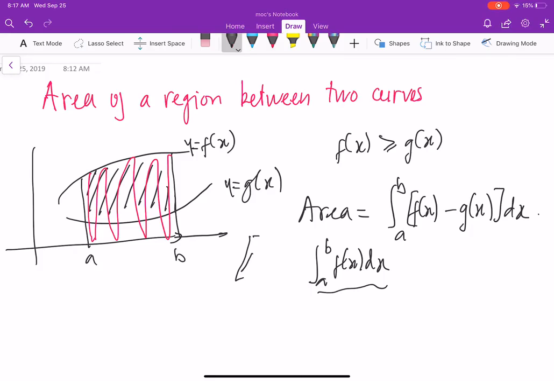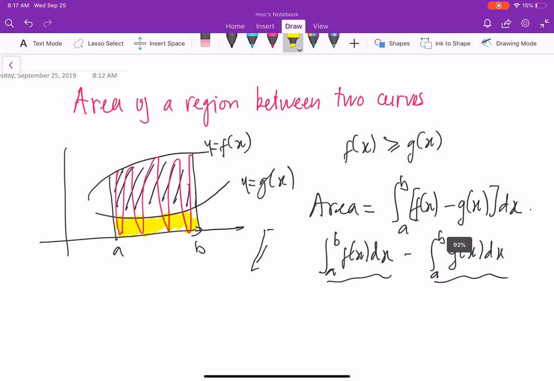And if you write minus the integral from a to b of g of x dx, what is the second integral? The second integral basically is the area of this region. So you take the area of the big region, subtract the area of the small one, so you get the area between two curves.